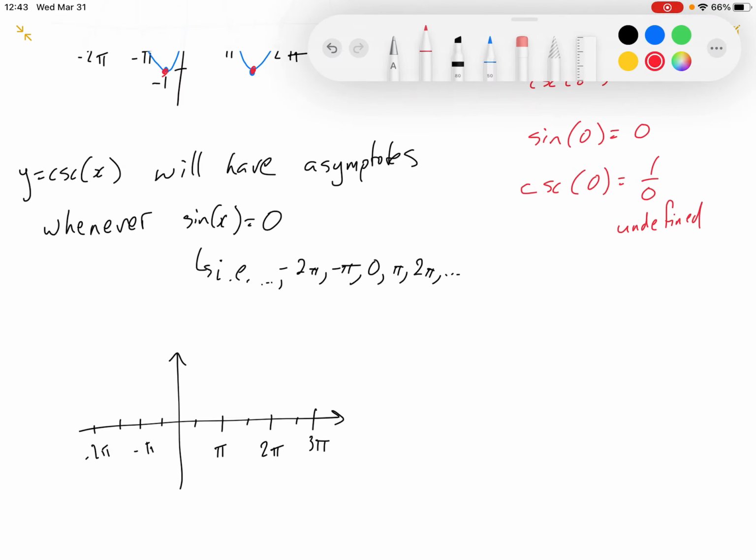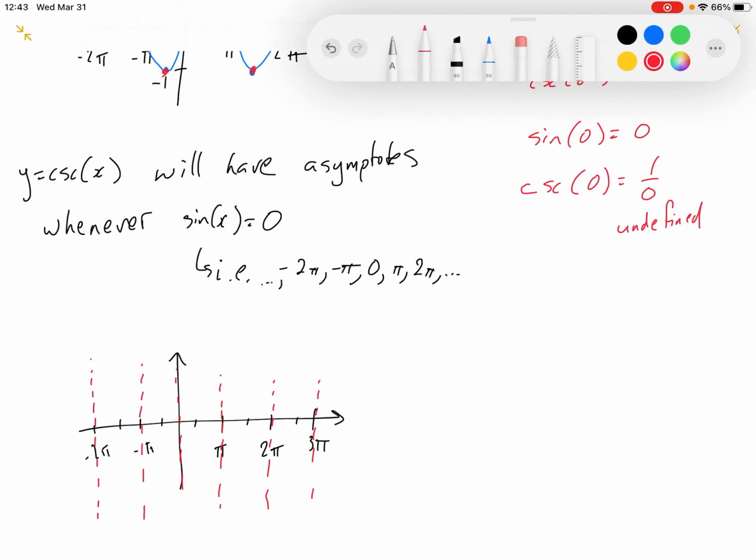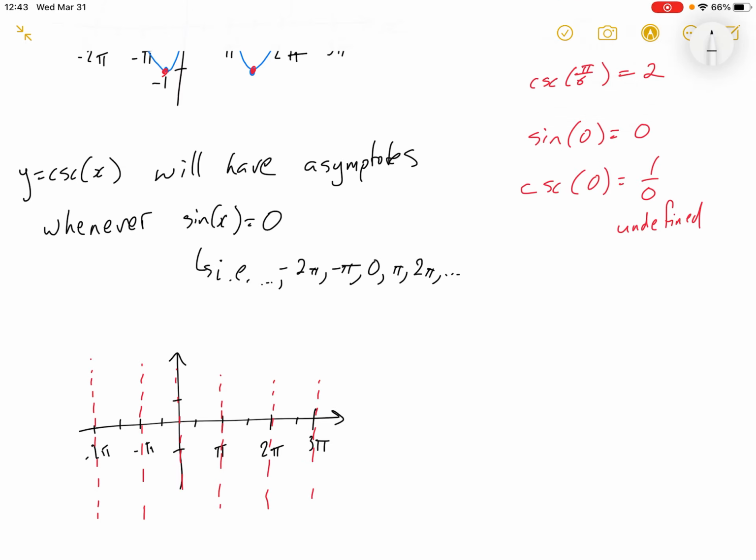And what I'm going to do now is just put vertical asymptotes in there to give myself some guidelines when I graph cosecant. The next thing I have to do is put a 1 and a negative 1 here. And now we are ready to graph. So these points are all shared.